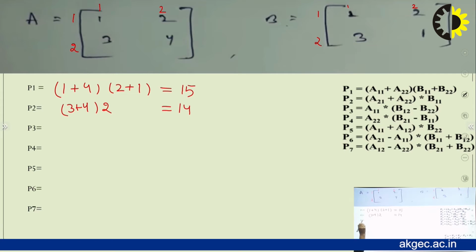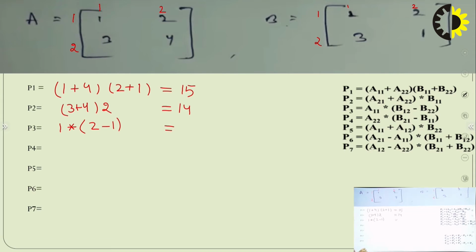P3 is basically A11, whose value is 1, multiplied by B12 minus B22. B12 is 2 and B22 is 1. Now 2 minus 1 is 1, and multiplied by 1 gives 1.